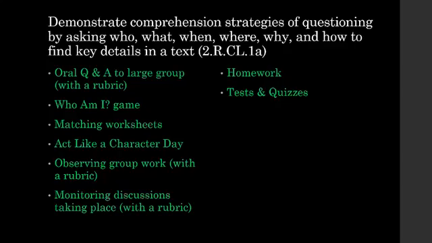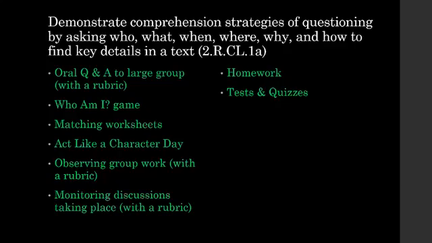Okay, so a couple of these examples. Let's say that you've done a large group reading, or you've had students reading independently, and now you're going to do just an oral question and answer. Maybe you've got true false questions you want to ask, and your students may have red and green index cards that they hold up, green for true and red for false.